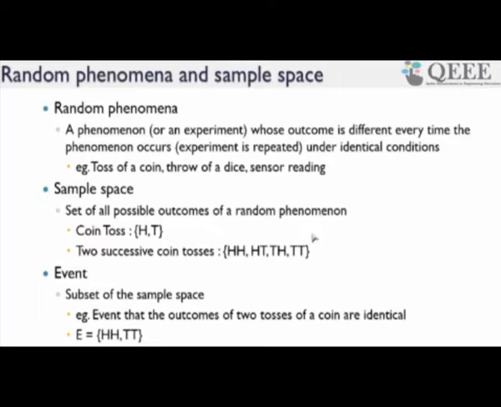For example, if I have this as the sample space, an event is a subset of it, such as head head, tail tail. Here we are asking, when I flip the coin twice, both times I want the same outcome, so what are the possible outcomes? Since I want the same outcome, it could be head head or tail tail, which is a subset of the sample space.